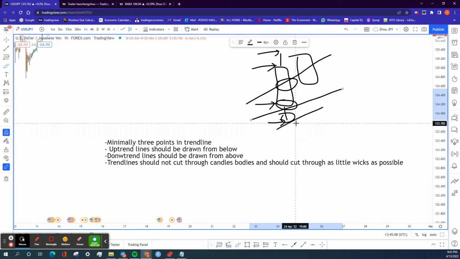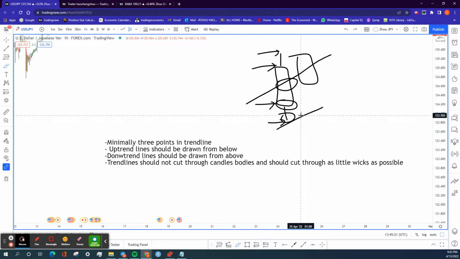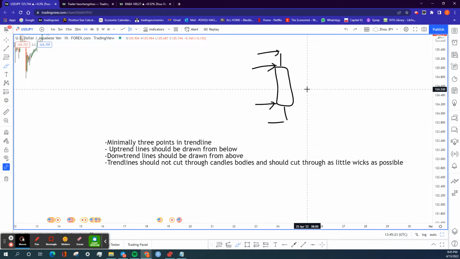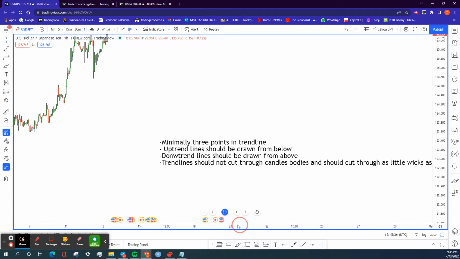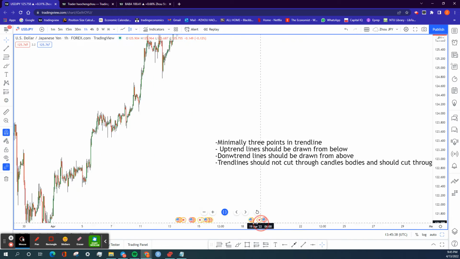And some people think that the lowest and highest is where the wicks are, so we should definitely not even cut the wicks, and we should just draw the trend line based on where the wicks touch, right? But the thing is, drawing where the wick starts is difficult because not every time can you find a trend line that nicely cuts through the wicks only. So sometimes I think that cutting through the wicks is possible, just minimize it.